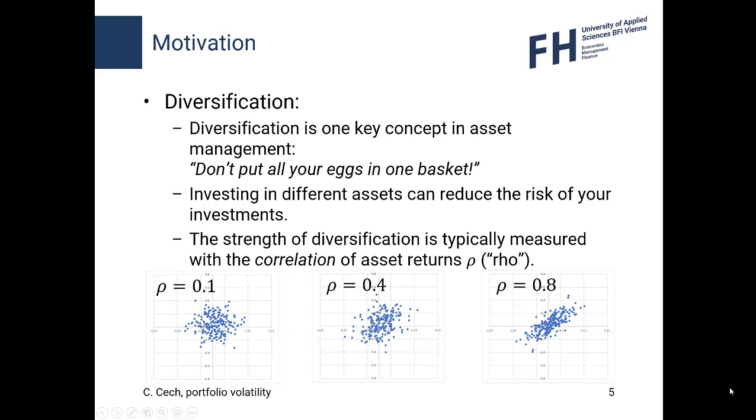In contrast to this, on the left hand side you can see simulated returns of assets with a low positive correlation, and here the tendency is very weak. We can say that the lower the correlation is, the higher is the diversification.